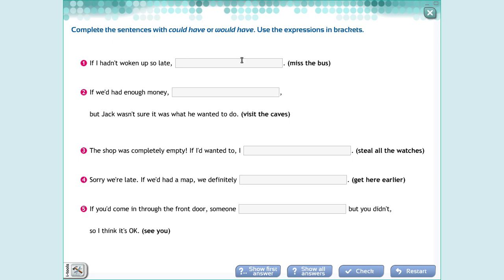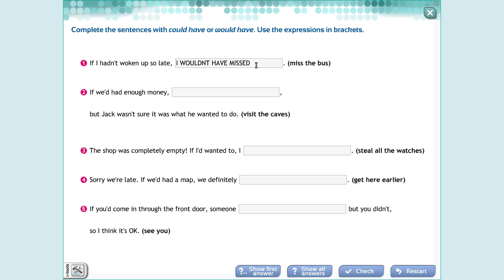Past perfect, would, have, and my verb. If I hadn't woken up so late, eu não teria perdido o trem. So how can I say? I wouldn't have missed the bus, not the train.